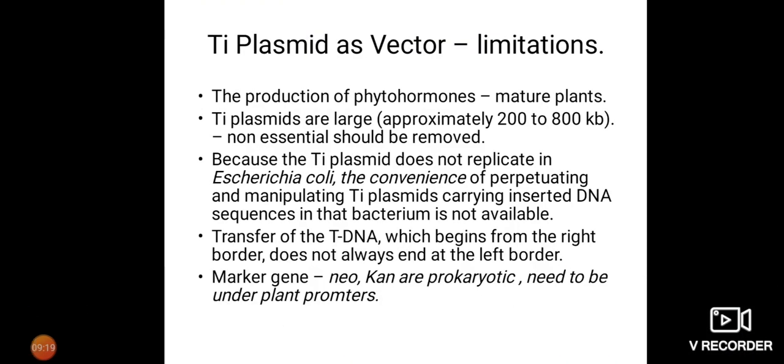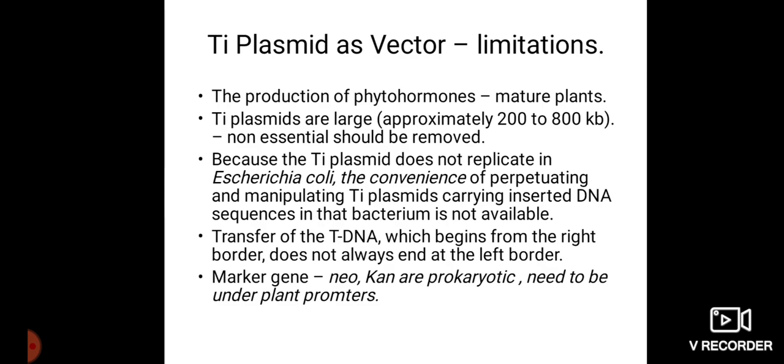So people started exploiting this particular property of the TA plasmid and started using it as a vector. But when people tried to use it, they found some limitations for directly using the TA plasmid as a vector system, because of the production of phytohormones in mature plants, and TA plasmids are large, 200 to 800 kilobase pairs.